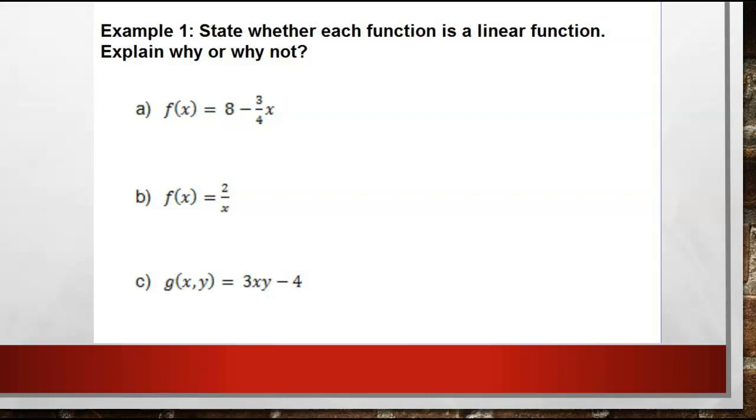So in example A, you have 8 minus 3/4 x. That is linear. We have subtraction and multiplication. You're in one variable, so that is linear.